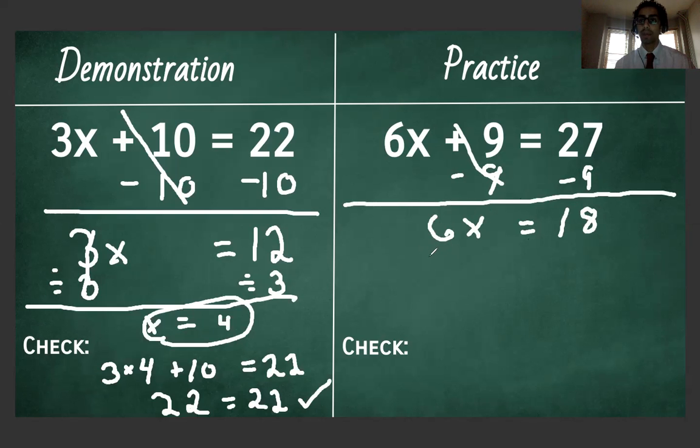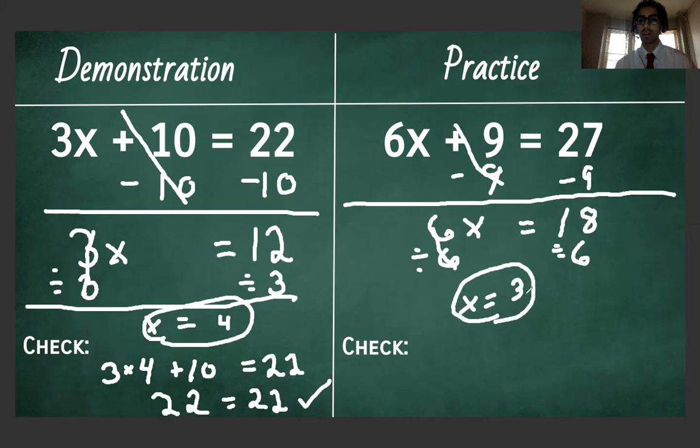In this case, what would it be? Division, because that's the inverse operation. So I divide 6 on both sides. And I'm left with x equals 3. So my solution here to this two-step equation would be x equals 3.